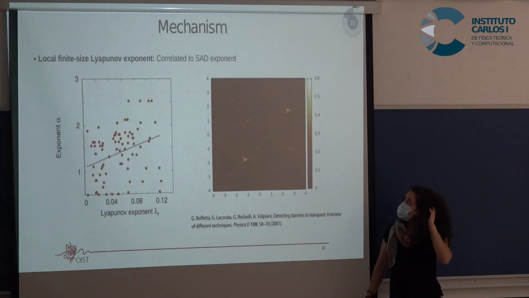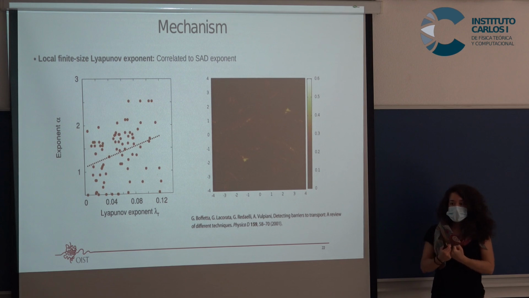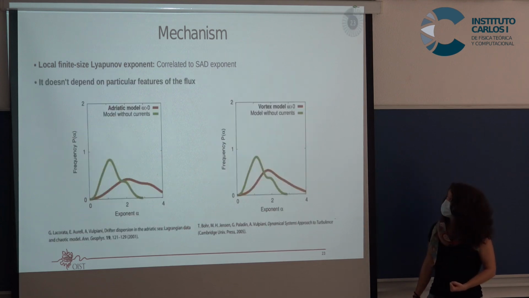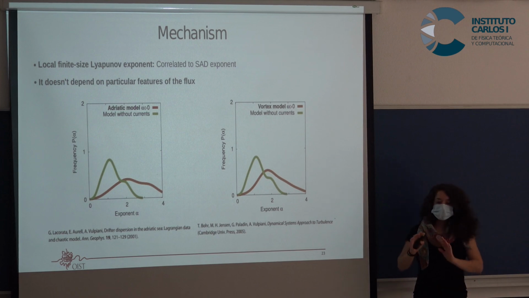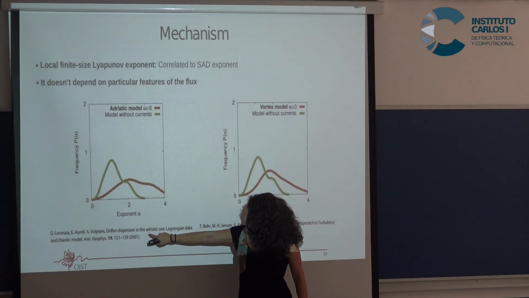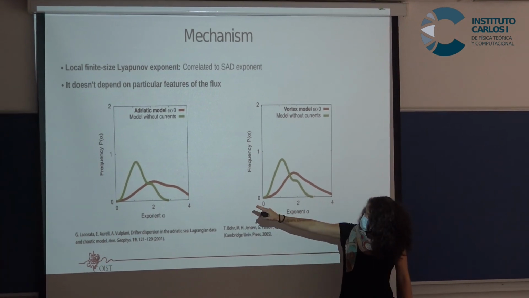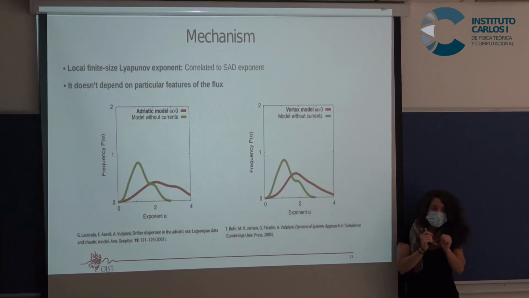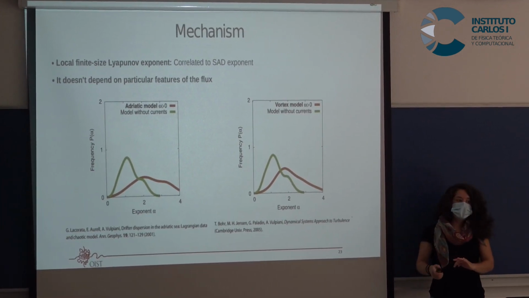So what this says is that the exponent is correlated with the advection, the barriers created by advection, by chaos. And it doesn't matter which particular flux you use, if it has chaotic advection. So we have used also an Adriatic model in this reference, which is a very particular model of the Adriatic Sea. And we observe the same behavior. We also used a vortex model that is very, very simple, the simplest model for chaotic advection, and we obtain the same.